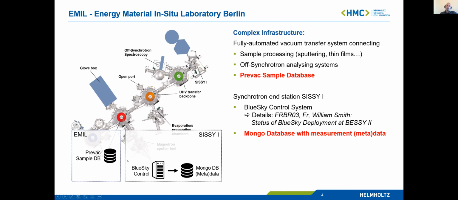And we also have a part that belongs to CC1, the end station, which consists of the Bluesky control system, where the user operates the instrument. Some details about the Bluesky control system will be given by William Smith in a separate talk on Friday.